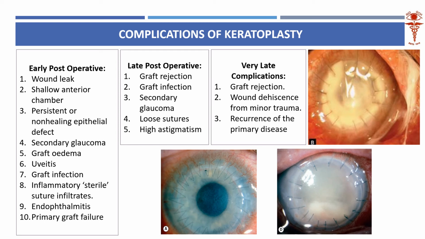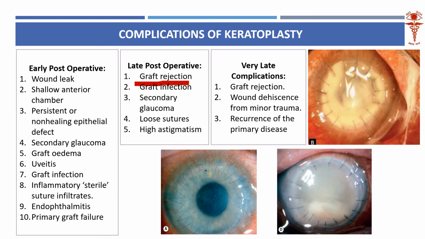Not a big immune reaction is mounted. So immunological rejection is very rare in corneal buttons, but it is seen. It's not like it is never seen. If it is seen, it is called graft rejection, but it is a rare complication.